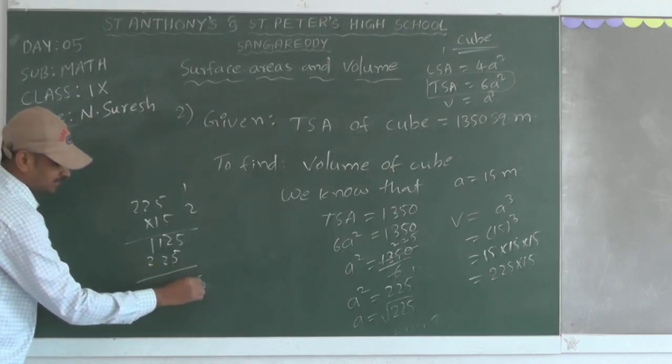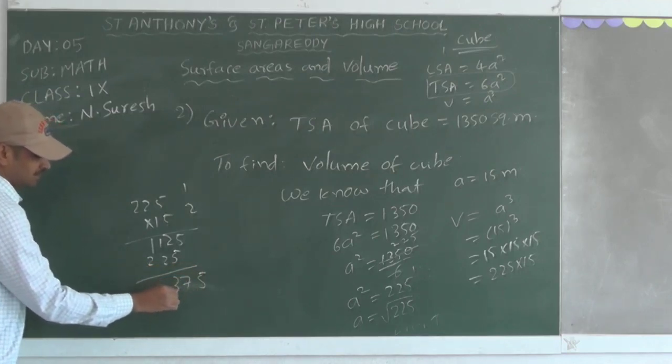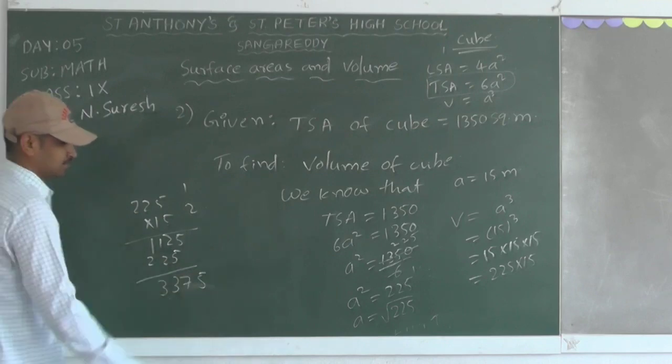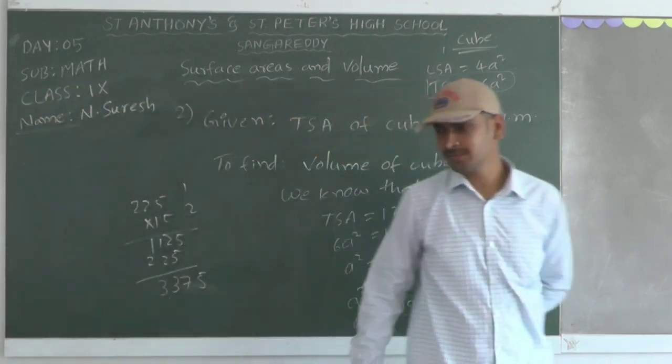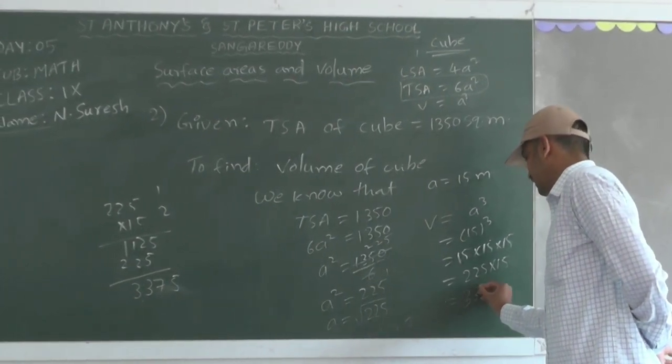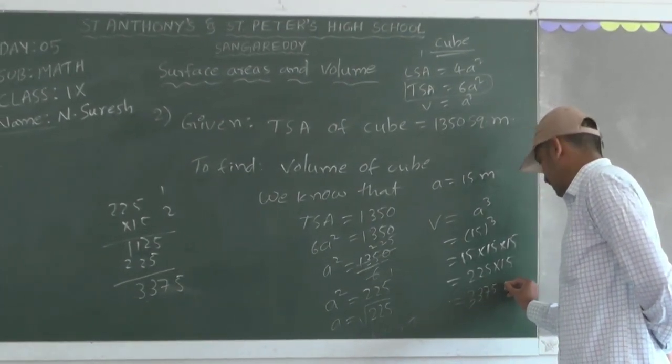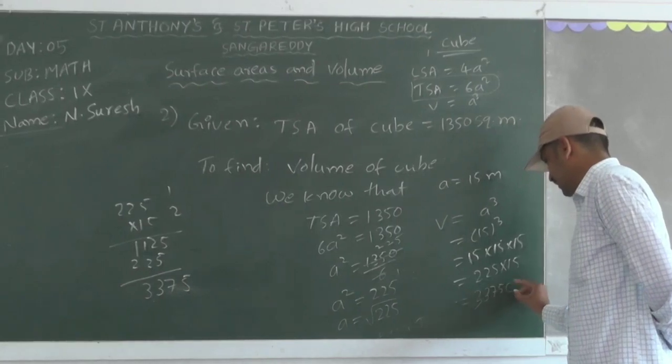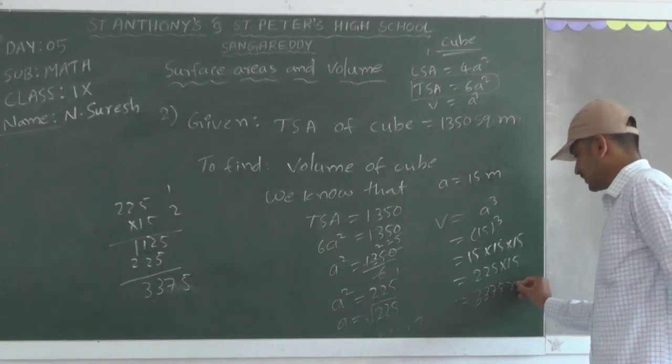Now 5, 7, 3, 3. So that is 3375 cubic meters, otherwise we can write meter cube.